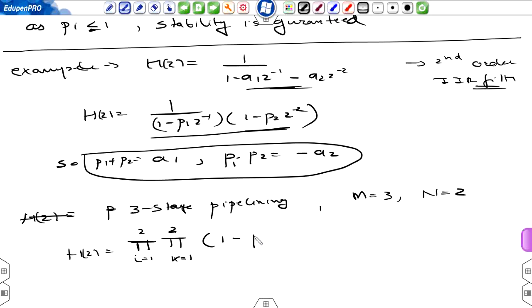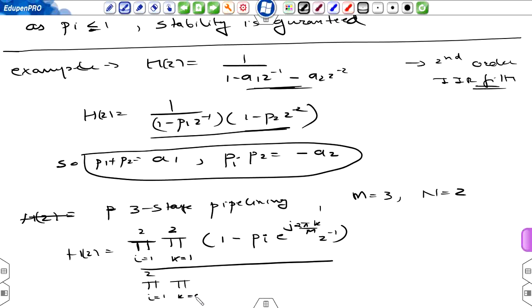1 minus p_i e raised to power j 2 pi k by M z^-1, and in the denominator i equal to 1 to 2, k will start from 0 to 2, okay, because we have to include this factor also.